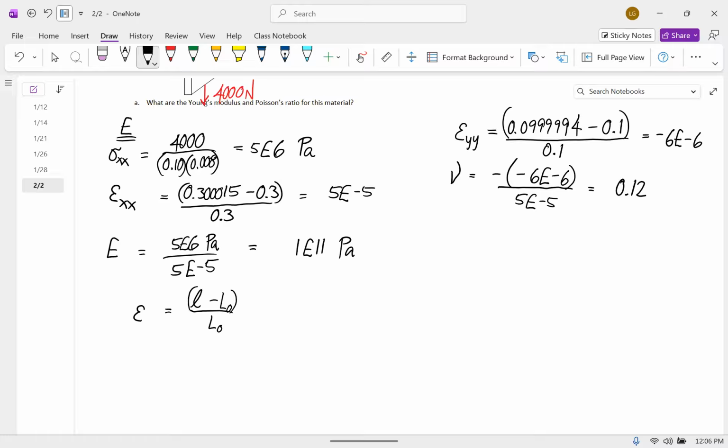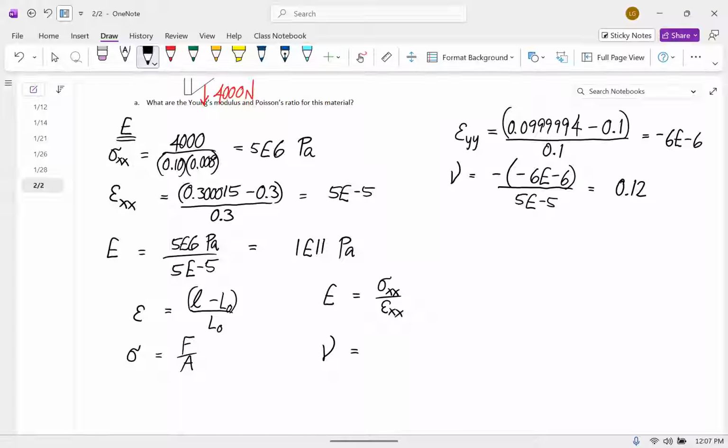For a problem like this, I would give that Young's modulus is equal to sigma xx over exx.